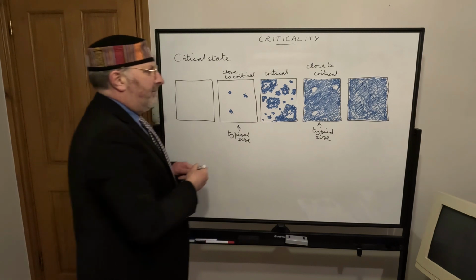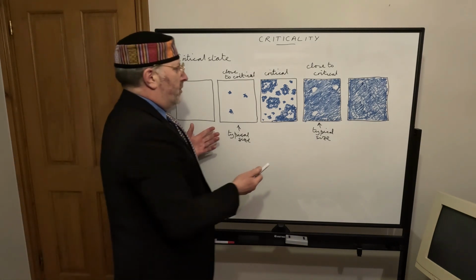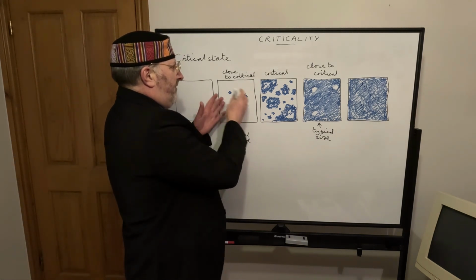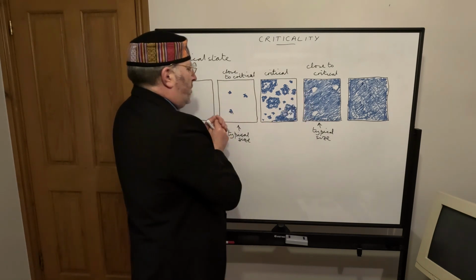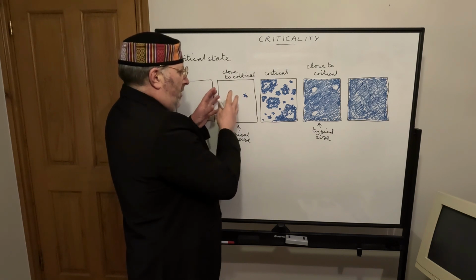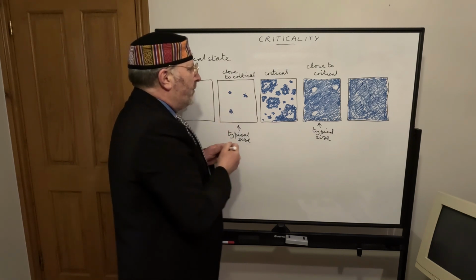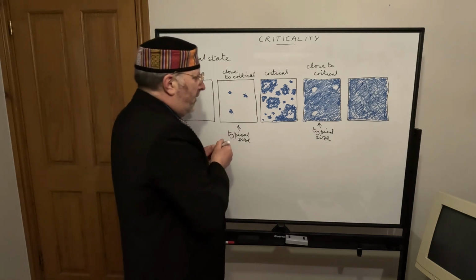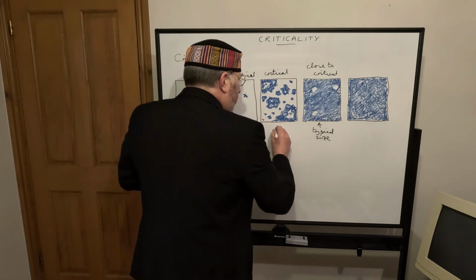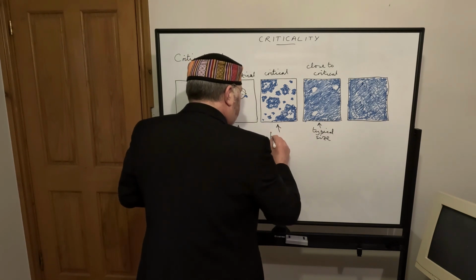So, it's kind of like a normal distribution. There's a fairly average size for the water patches or the ice patches, and most of them are around that typical size. But at the critical point, there is no typical size. At this point, we've got a fractal structure.